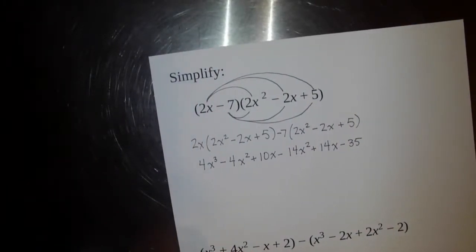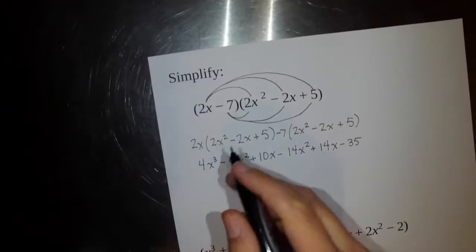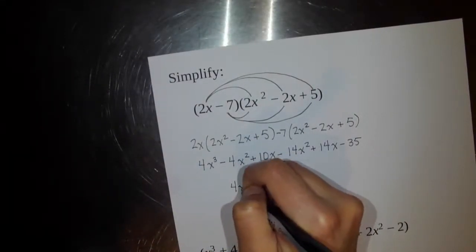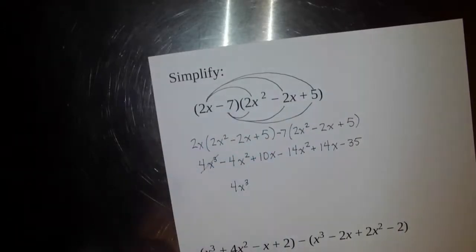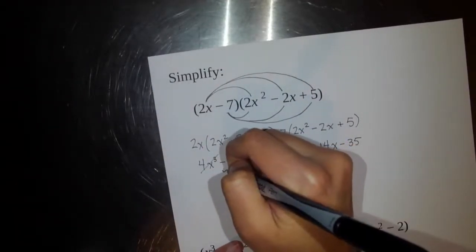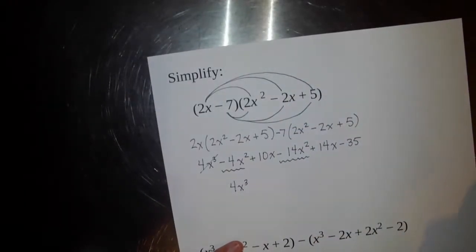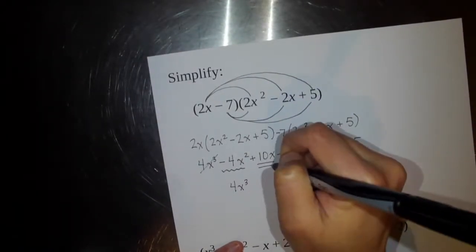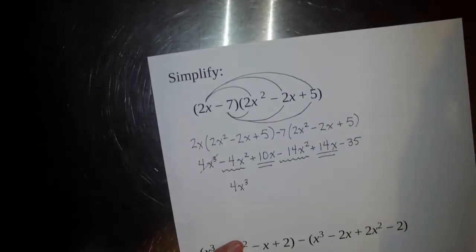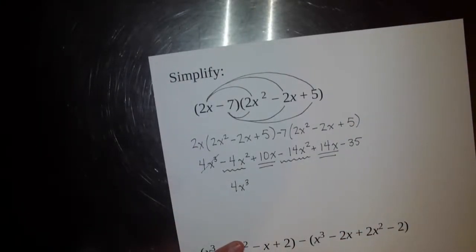Combining my like terms, this is the only x to the third, so I'm just going to write that down first. X squared, I have -4x squared and -14x squared. And then I have 10x and 14x, and that's the only number without a variable.